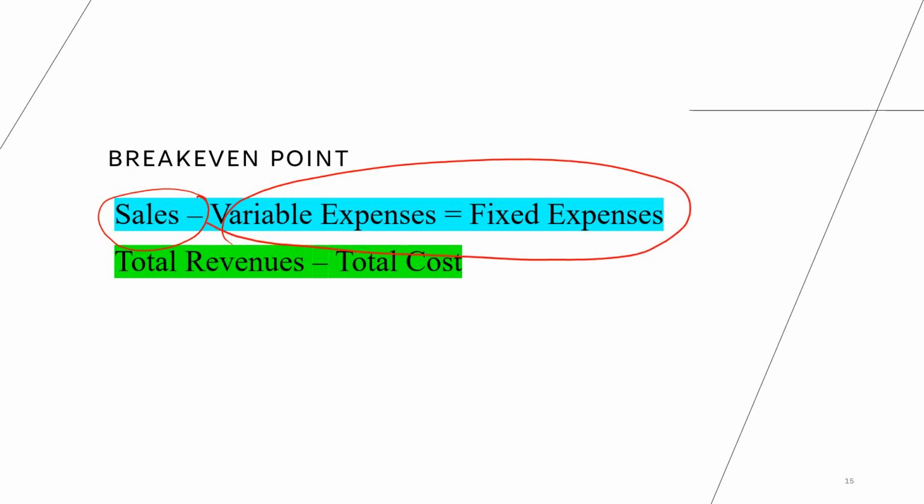In order to get the total cost, you need fixed expenses plus variable expenses, and the sales is the total revenue. So this is the equation. If you can find out any figure, you can replace it and get the answer.